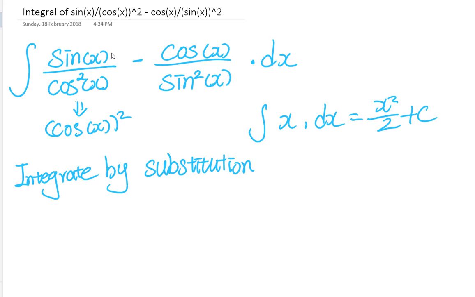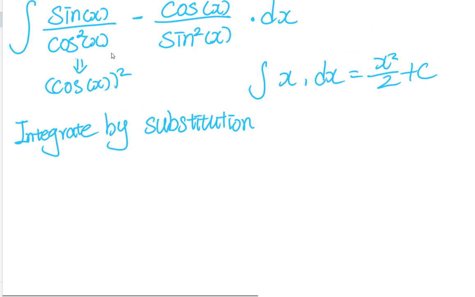Now, in this case, I know the derivative of sine is cosine, and I know the derivative of cosine is also sine. So this is the clue that the question is telling us that we have to use integration by substitution.